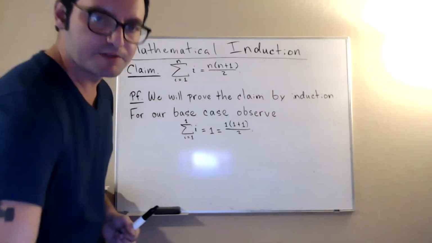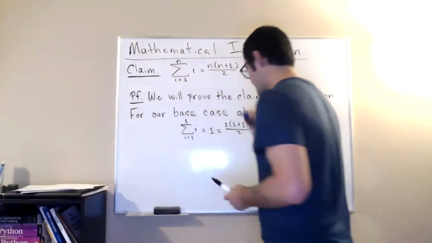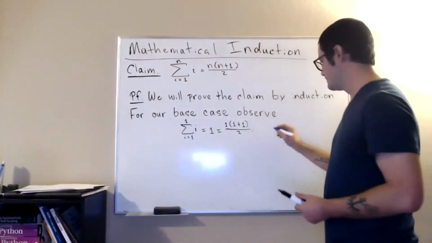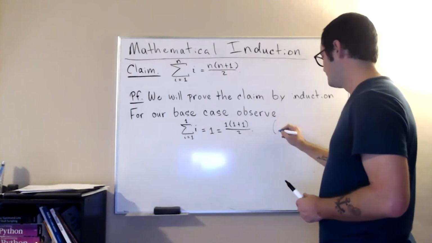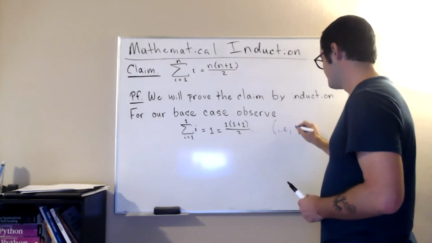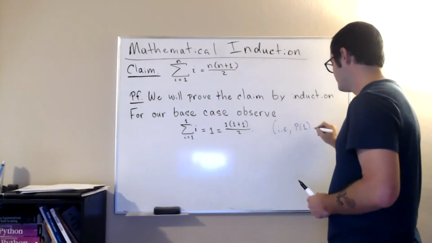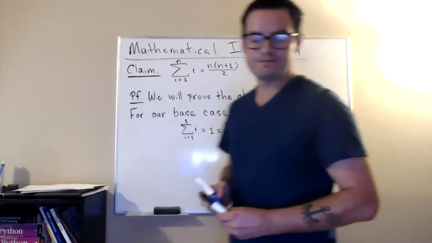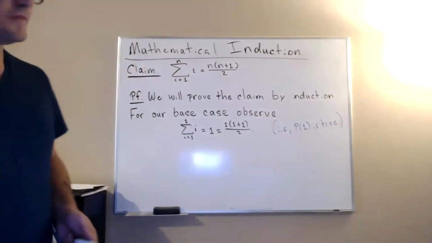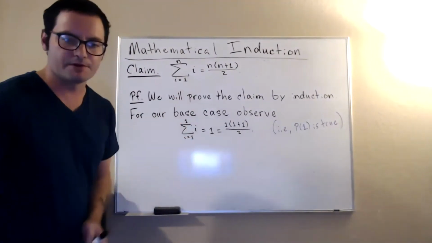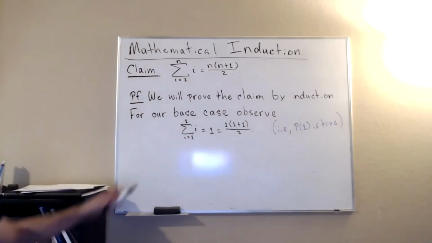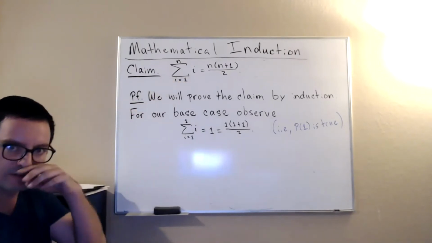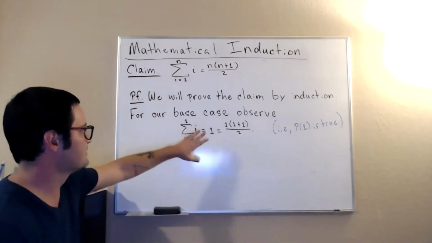So you wouldn't write this in your proof, but just note for your notes, i.e., P of 1 is true. You just verified that the very first instance of a positive integer of this propositional function is true.